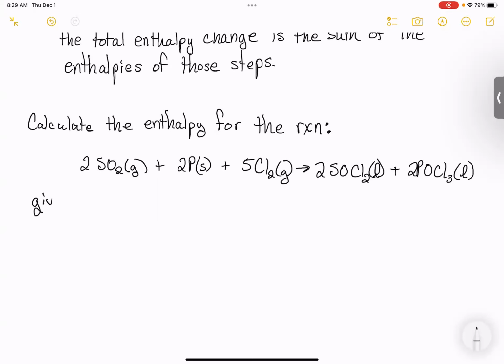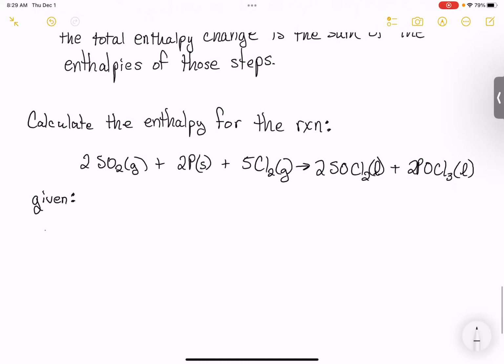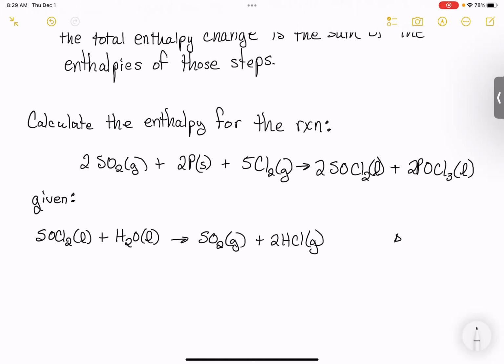Given SOCl2 liquid plus H2O liquid goes to make SO2 gas plus 2 HCl gas. That has an enthalpy of 10.3 kilojoules per mole.